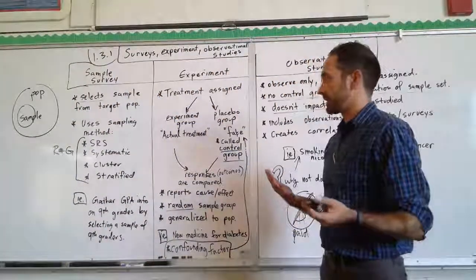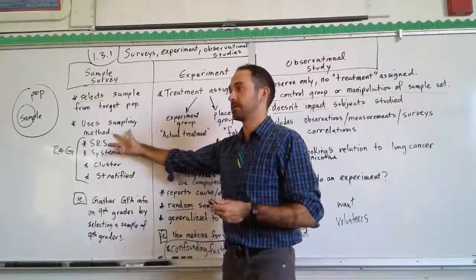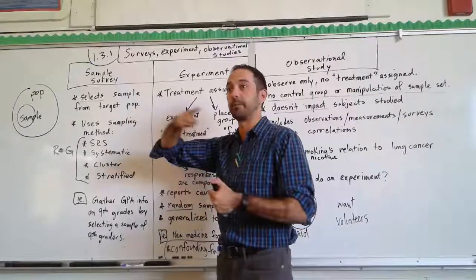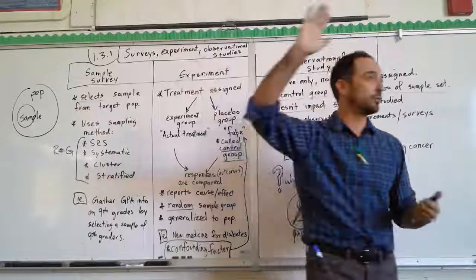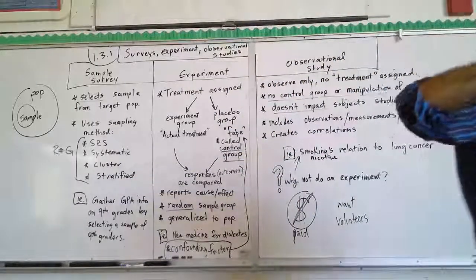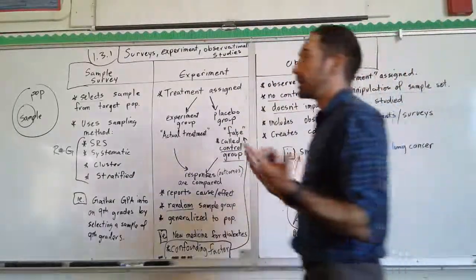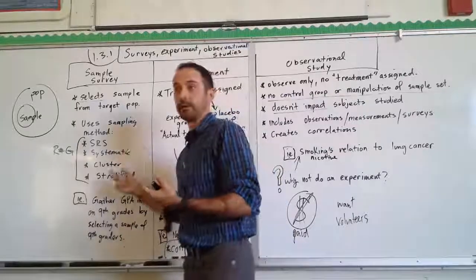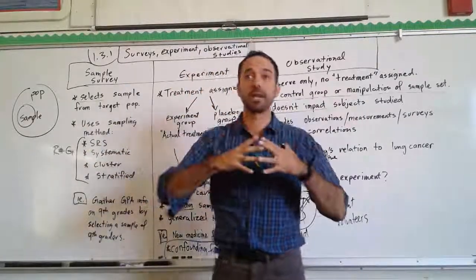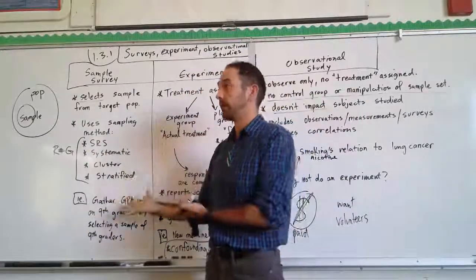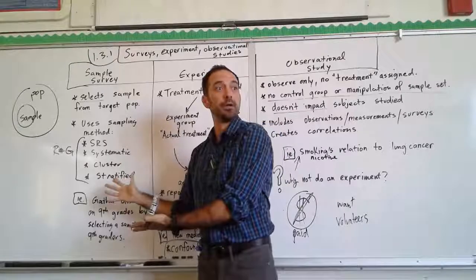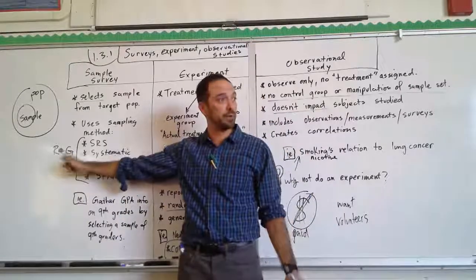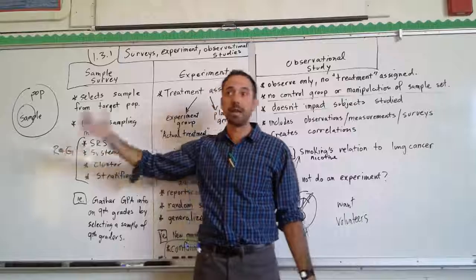Maybe I do an SRS, simple random sample of 9th graders, assign them all the numbers, 1 through, there's probably like 200 of them. Right? And then you just use a random number generator to figure out who you're going to have in the sample, then give them a survey. Very basic. We've done this one before. The main thing is it has a random number generator because the sample group we're looking at has to be random for that. Okay.